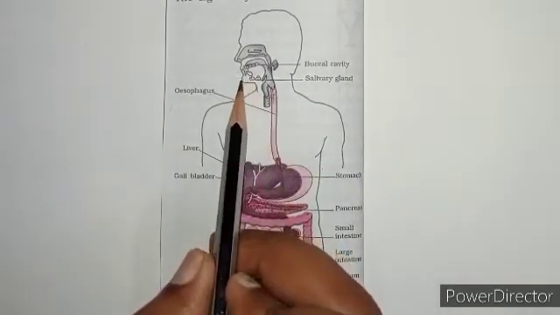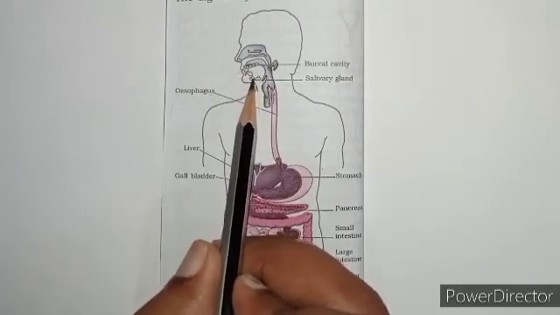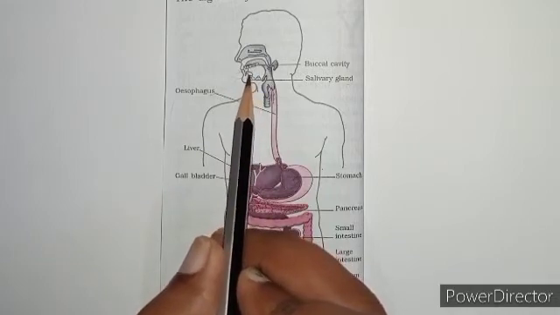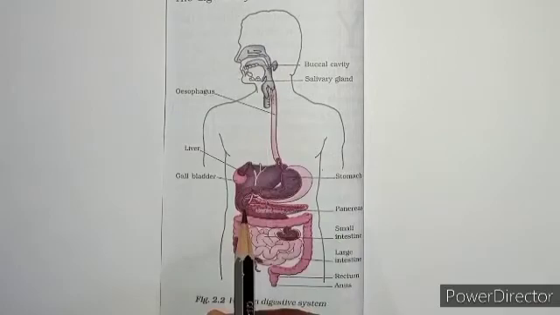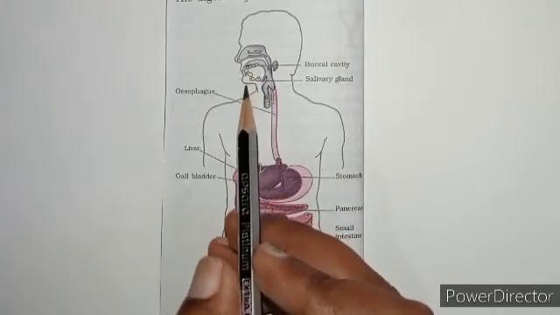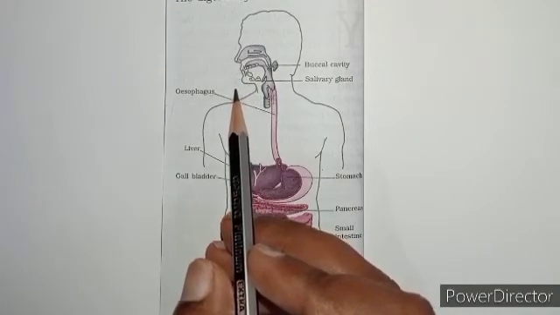The tongue is a fleshy muscular organ attached at the back to the floor of the buccal cavity, and it is free at the front and can be moved in all directions. We use our tongue for talking.